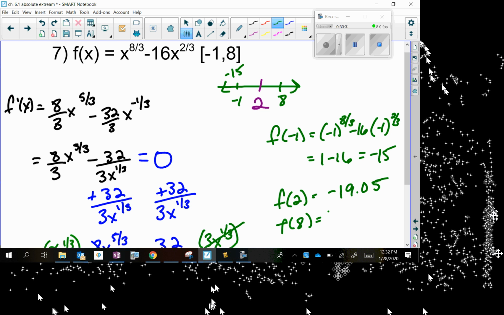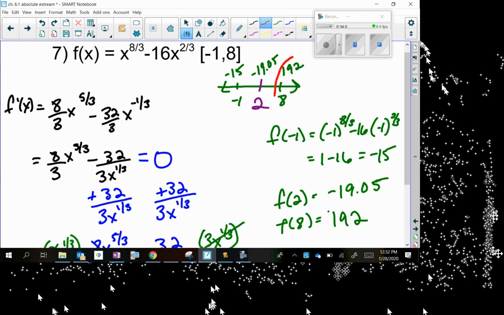And then 8, actually we could have done that by hand, right? Because nice cube root of 8. 192. Did I get 192? So our absolute max is what?